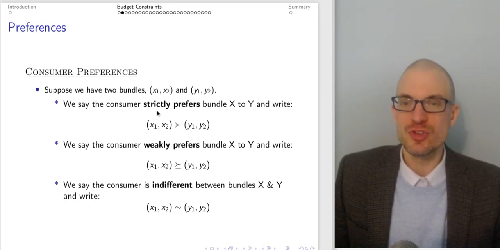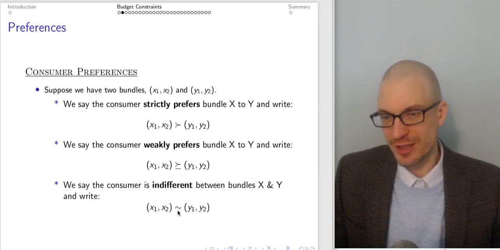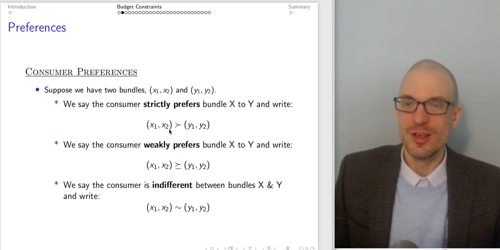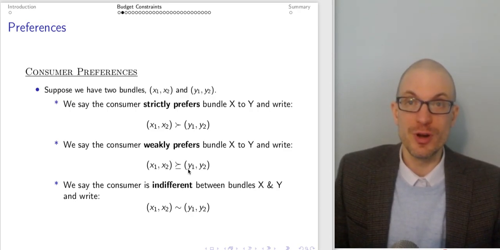We'd say the consumer strictly prefers bundle X to Y if we have this relationship. Think about it like a greater-than sign, think about greater than or equal to, and think about equal to as indifferent. So strict preference means bundle X is better than bundle Y. This is like 3 is greater than 2. Consumer weakly prefers means the consumer actually could prefer it or could be indifferent.